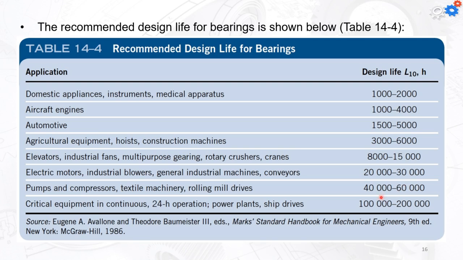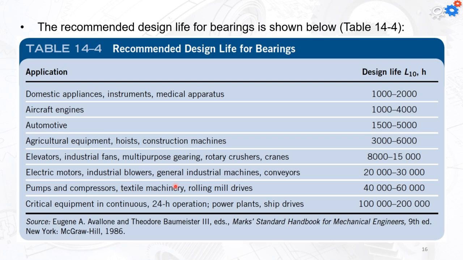So first I'm going to look for my CNC machine: instrument, medical apparatus, elevator, industrial fan, multiple gearing, rotary crushers, cranes, critical motor, industrial blowers, general industrial machines, conveyors. So it's a general industrial machine, and that means the value for the life is going to be 30,000 hours. So again, I'll use 30,000 hours for my calculation.